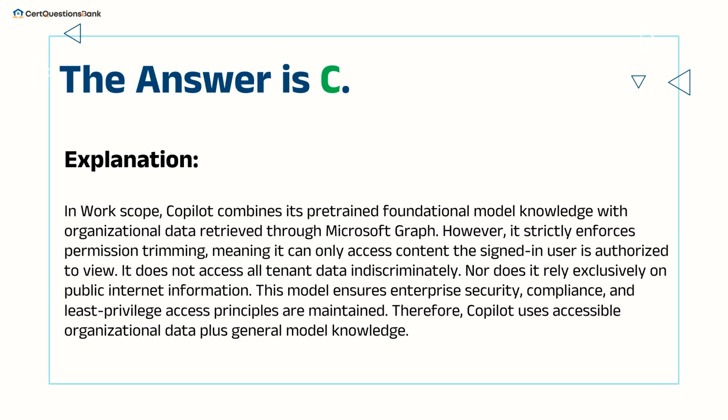It does not access all tenant data indiscriminately, nor does it rely exclusively on public Internet information. This model ensures enterprise security, compliance, and least privilege access principles are maintained. Therefore, Copilot uses accessible organizational data plus general model knowledge.